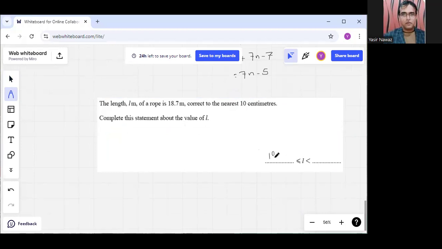So one choice is 18.65, and the other would be 18.75. If the number is rounded off from here to here, the answer would be 18.7 meters.